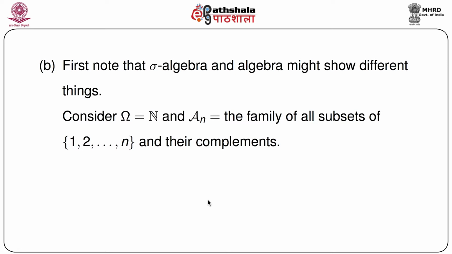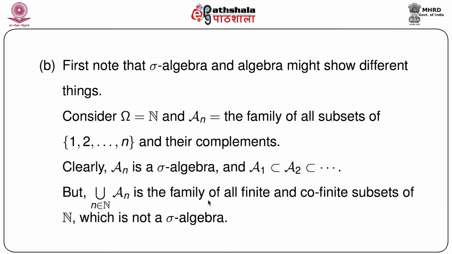So let us consider big omega as the set of natural numbers and A_n as the family of all subsets of 1 up to n, that is the first n natural numbers, and their complements. So this is our script A_n. Now if n varies, then naturally we will get a sequence of such algebras.